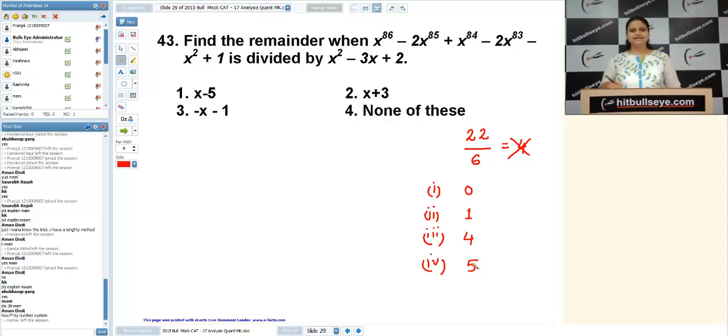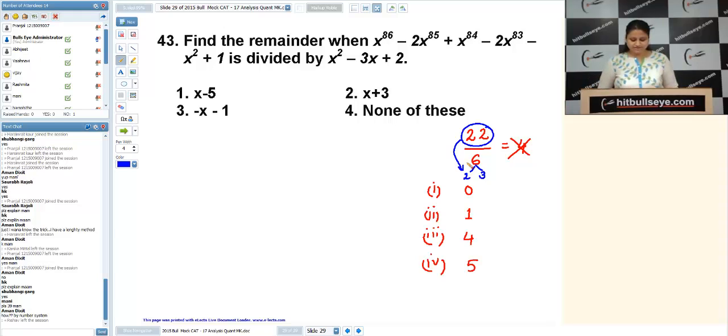I want to select one option out of these. I don't know the table of 6, but I know smaller tables. Suppose 6 can be broken into two parts, 2 and 3. What is the remainder when this 22 is divided by this 2? What is the remainder I am getting? It will be 0, of course. It means I will mark that option which will give a remainder of 0 when divided by 2.